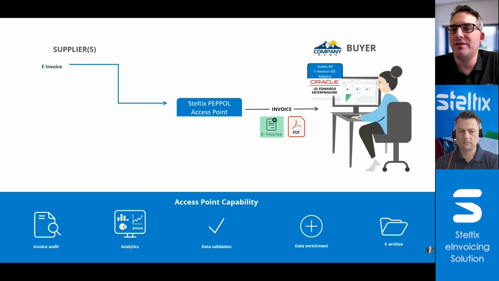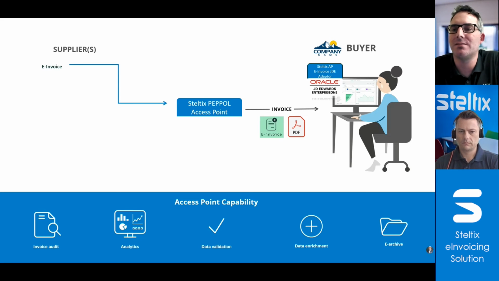Now, that's a perfect world where everyone is operating on e-invoices, maybe 3-5 years from now. But we know that a big bulk of your supply chain, as we move progressively to the adoption of e-invoicing, won't have the ability to send an e-invoice.